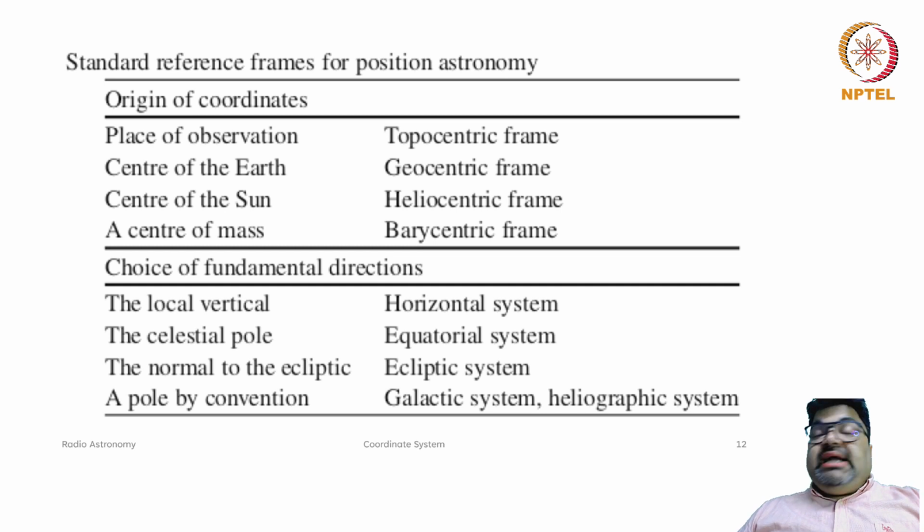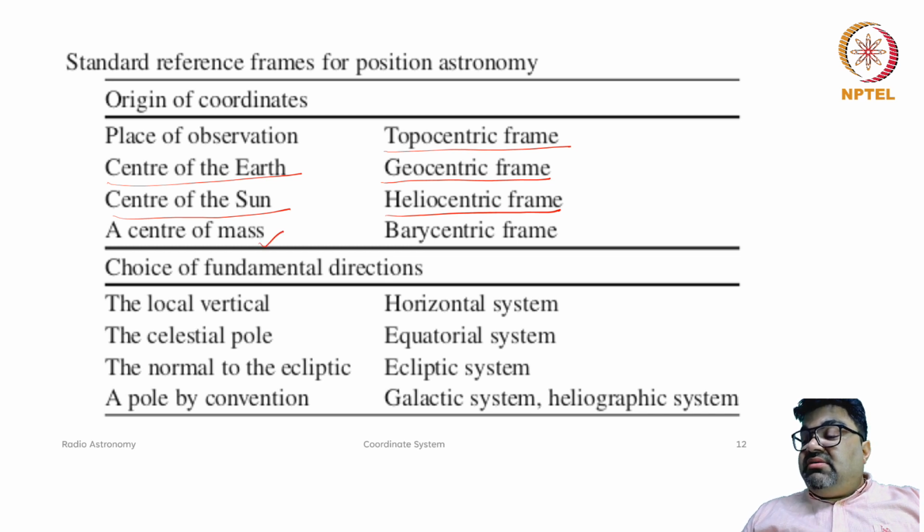There are a few standard reference frames for position in astronomy. If the place of observation is the origin of the coordinates, then it is called the topocentric frame. If the center of the earth is at the origin, it is called the geocentric frame. If the center of the sun is at the origin, it is called the heliocentric frame. The center of mass gives the barycentric frame.